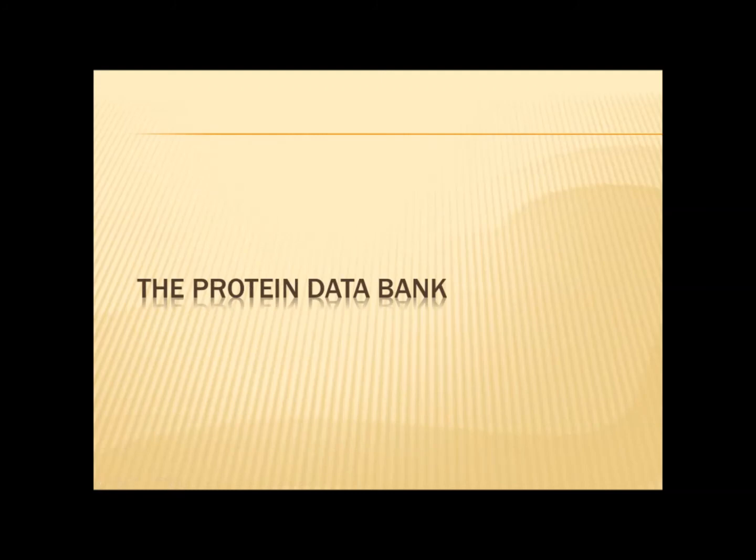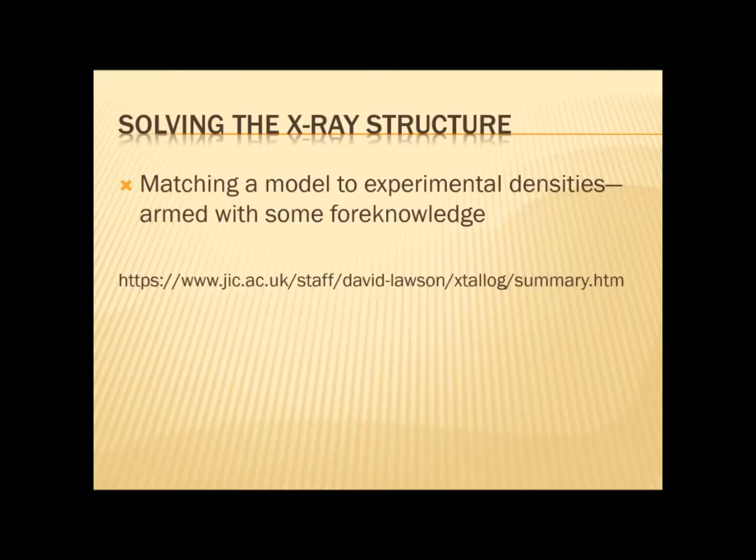Now let's look at the last part, and that is the protein data bank. When you look at the protein data bank, it is about the solution of a structure. Now you can teach a whole course on X-ray structure solution. You could potentially teach 2 courses, okay? But if you go to this link, you will get a very good idea about the summary of the entire process.